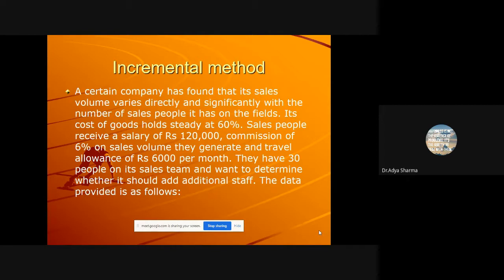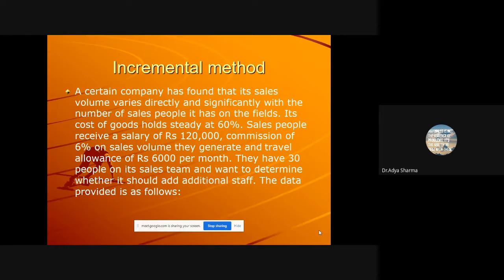So suppose you have sold goods worth 100 rupees, then the cost of those goods was 60 rupees. Their salespeople receive a salary of 1,20,000 per year. The commission is 6% on the sales volume they generate, plus they get 6,000 per month for travel allowance, right? So this is what the company is spending on their salespeople.